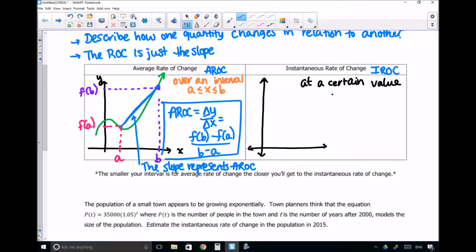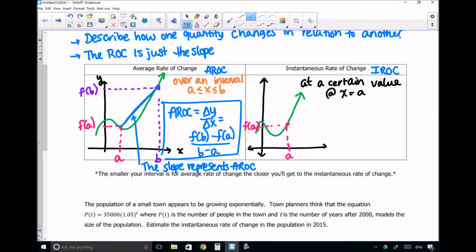So usually we say it's at x equals a. Okay, so let's draw a similar curve to what we have in our average rate of change. So this is what my curve looks like, but this time I just want to know what is my rate of change at A. Still need to figure out what f of A is right here. So this is still f of A.